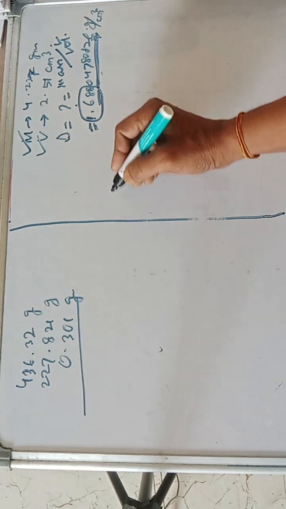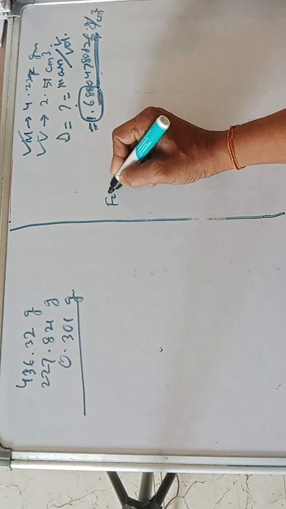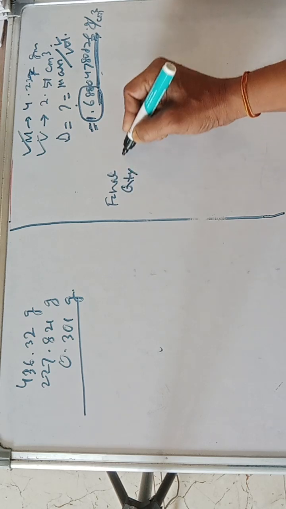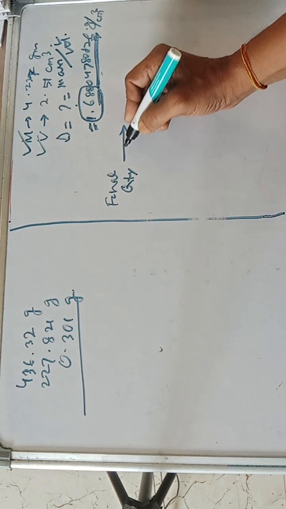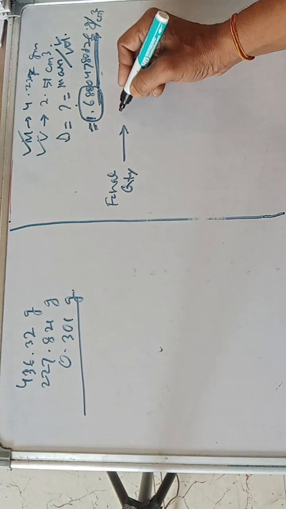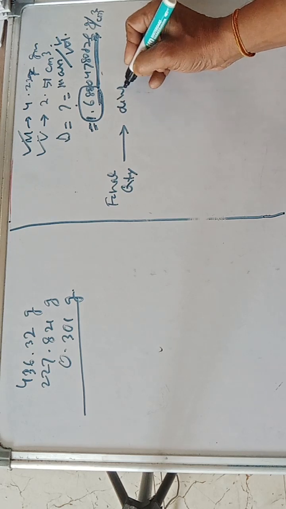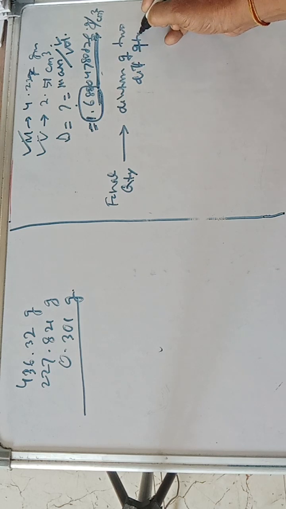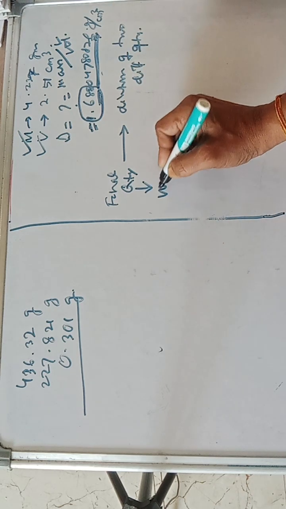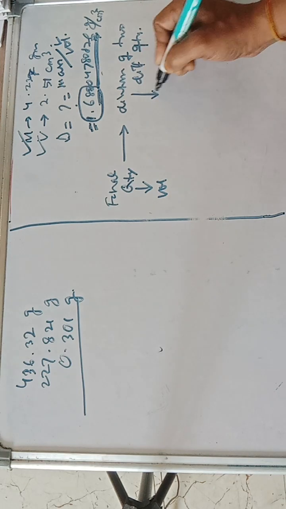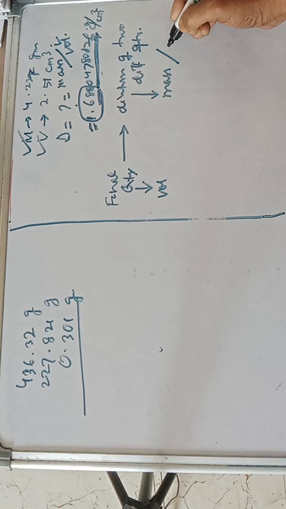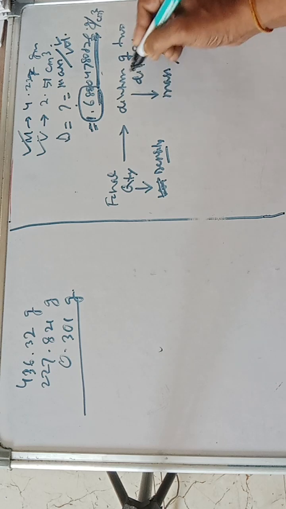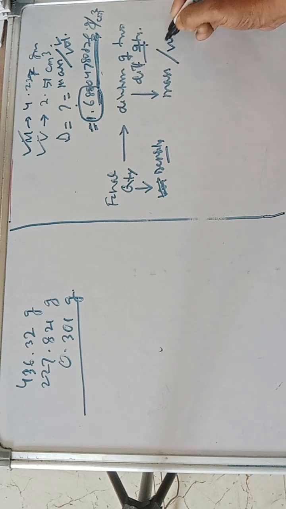That means if this is our final quantity, and that came after division of two different quantities, in this case it is our mass and volume, and sorry, in this case it is our density, and the dependent quantities were mass and volume.